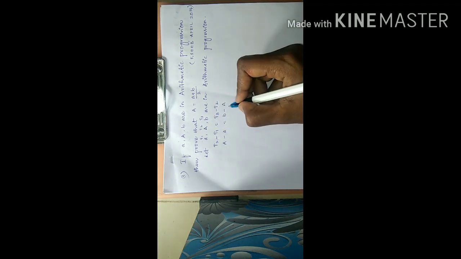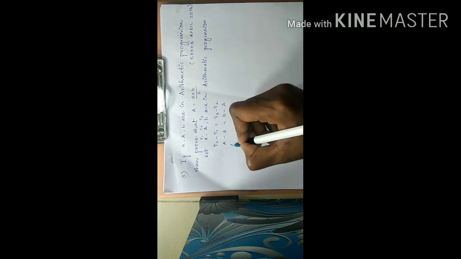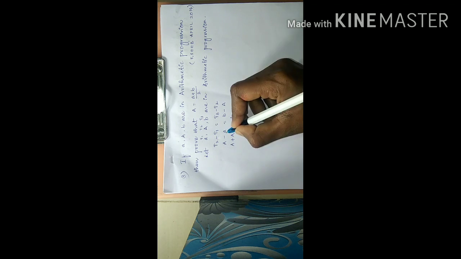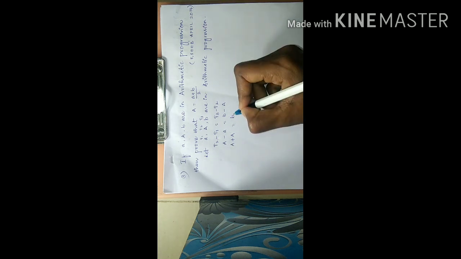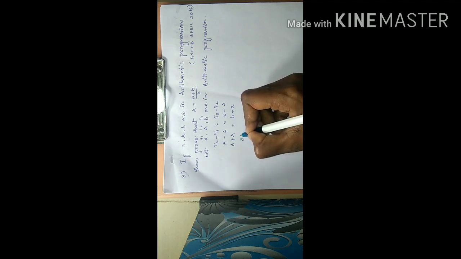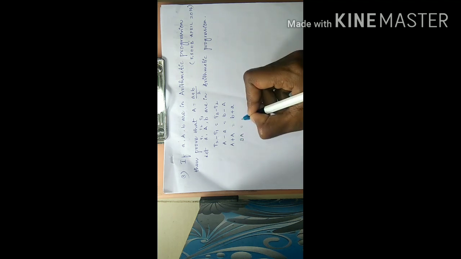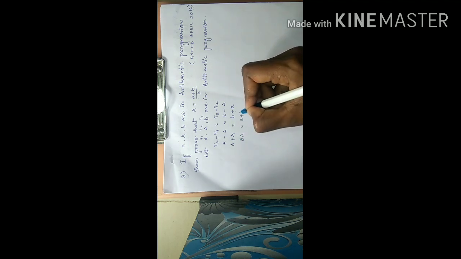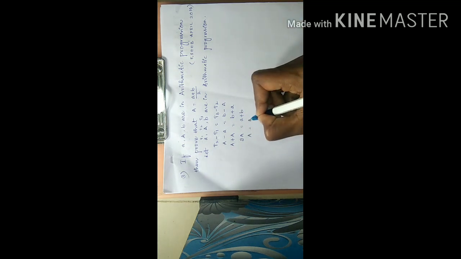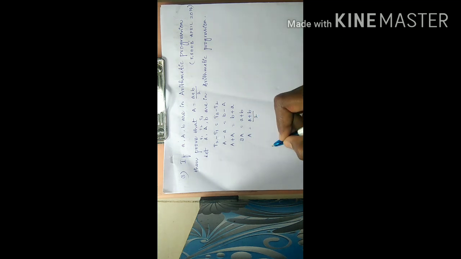Now let me take this side: A minus a is equal to b minus A. So this minus A we will take this side, that is plus A. A plus A is 2A, that is equal to a plus b. So A is equal to (a plus b), and this 2 will become the denominator.